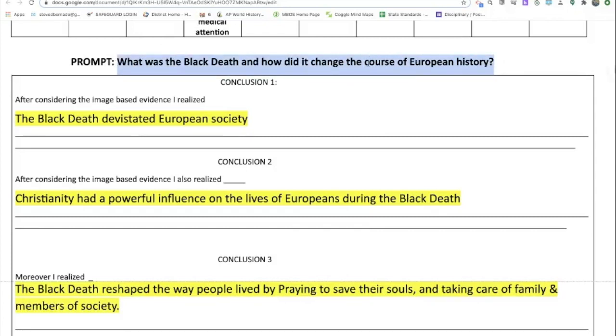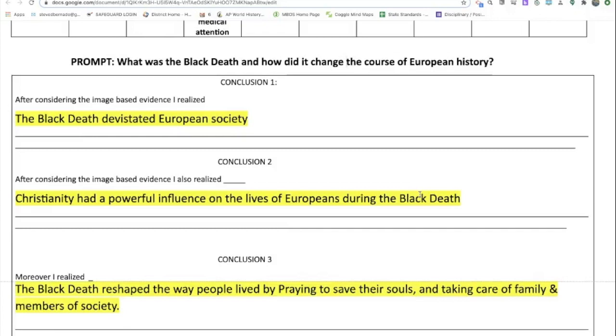What was the Black Death? Rephrase that. The Black Death was, I would say, a deadly disease or a fatal disease. How did it change the course of European history? Well, the Black Death was a fatal disease that devastated the lives of the people who lived in Europe.